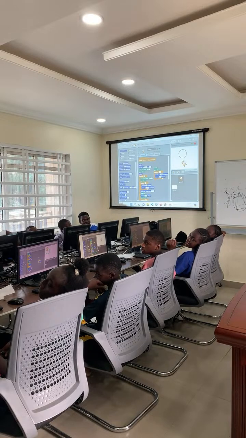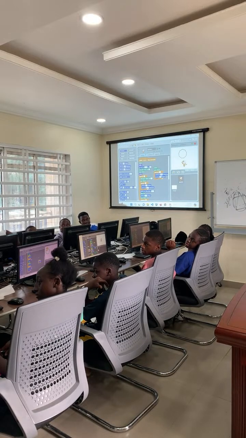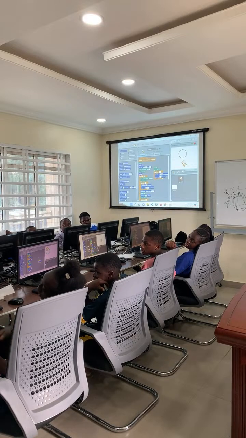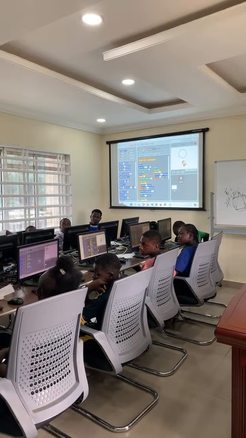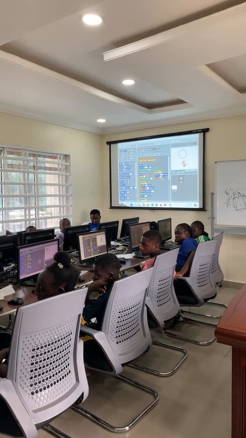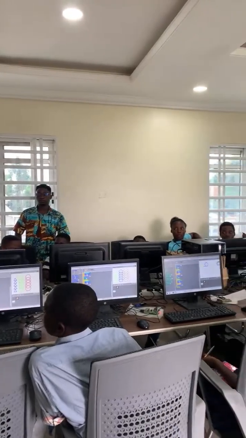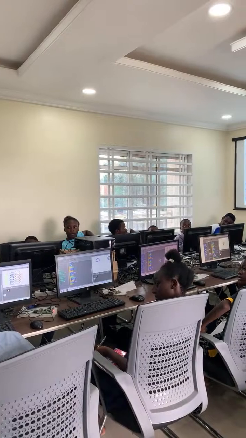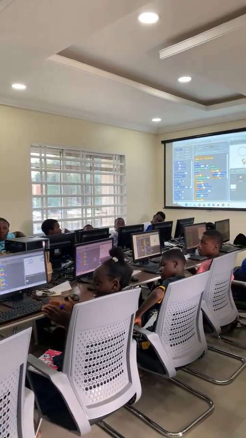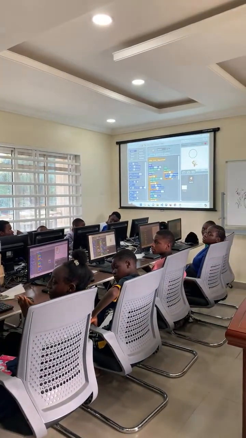If I tell this sprite to turn 90 degrees, where will it turn to? This way, to the right. If I tell it to turn another 90 degrees, it will turn this way. Another 90 degrees, it will turn this way. And another 90 degrees, it's back to 0.